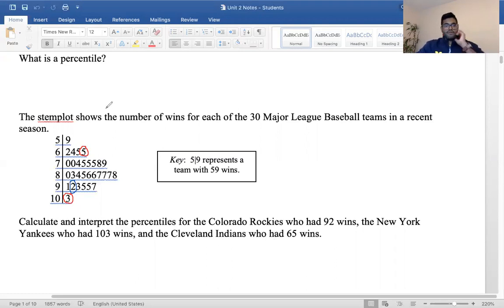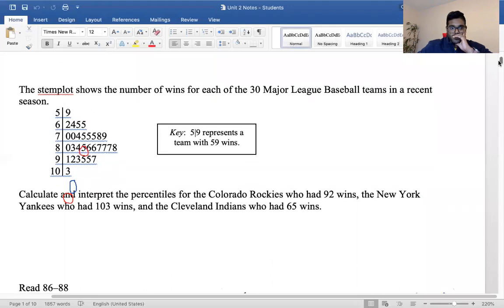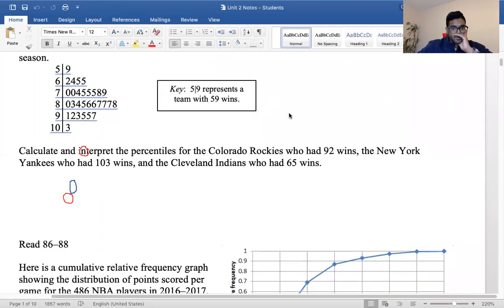So for the 92 wins, let me slide this down a little bit so I have some room. If I were to count up the number of places it takes me to get to 92. So again, 92 is right here.